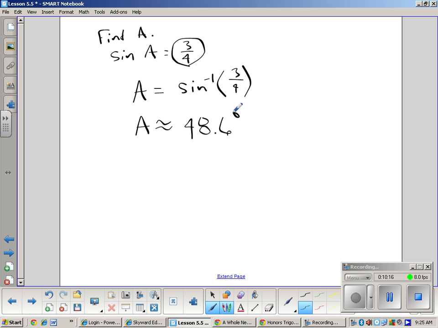Old math books used to always have a table of trig values in the back. And so, in the back, there'd be a 4-place decimal number that would represent every angle between 0 and 90.